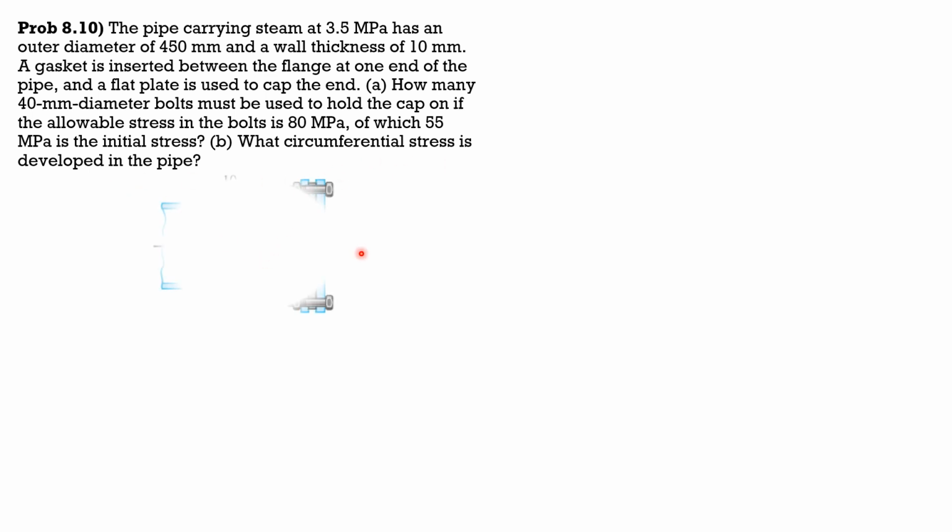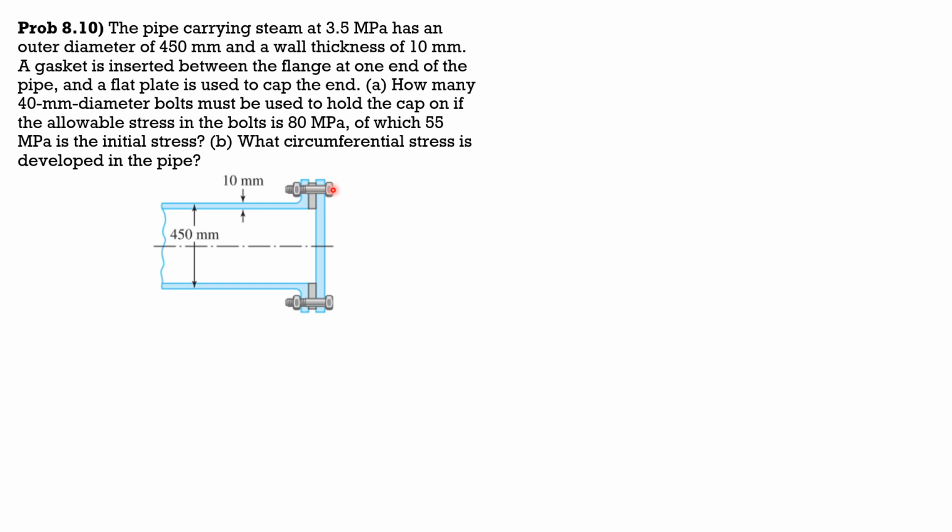So for part A, here is the figure. This end cap here will be subjected to internal pressure times internal area, and it will be resisted by the stress in the bolts.